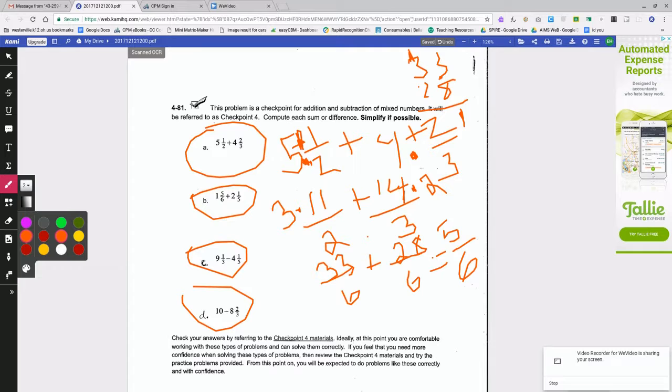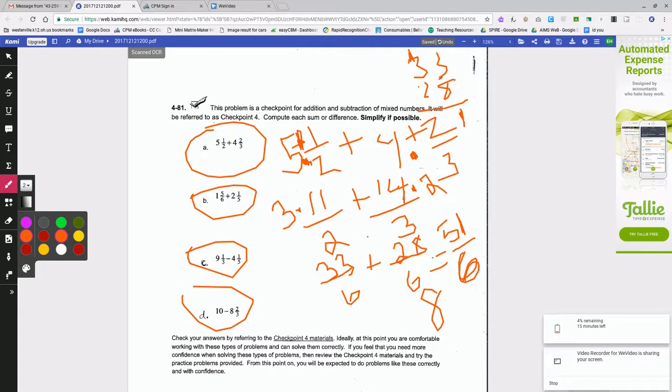is 51. So now I have to take another step and ask myself how many 6's go into 51. Well, I know that 6 times 6 is 36, 7 times 6 is 42, 8 times 6 is 48, so it goes in 8 times.